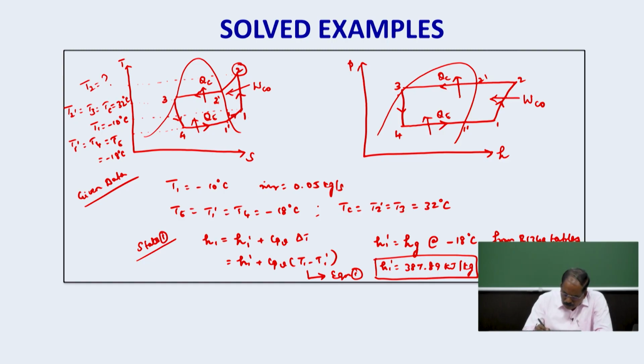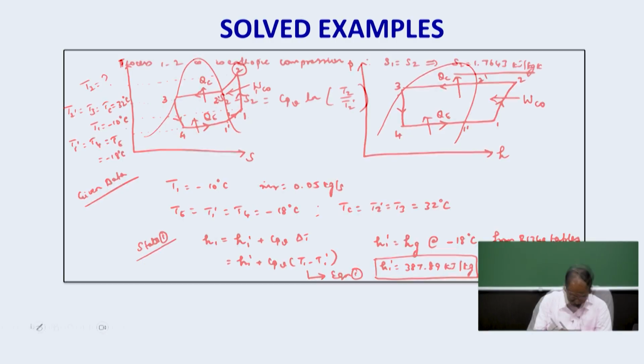Now, we need to find out the entropy at state point 2 dash in order to find out the temperature T2. Entropy at state point 2 dash is nothing but the saturated vapor entropy corresponding to condenser temperature.